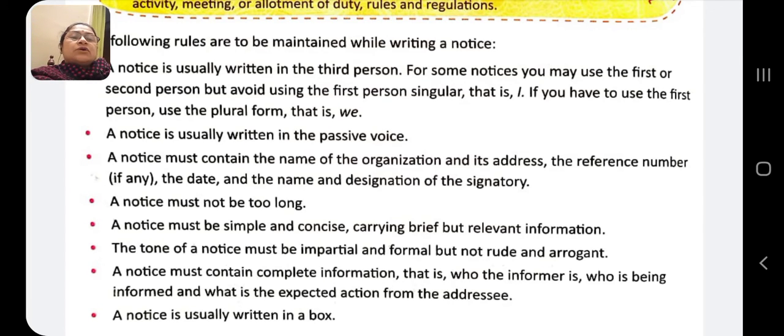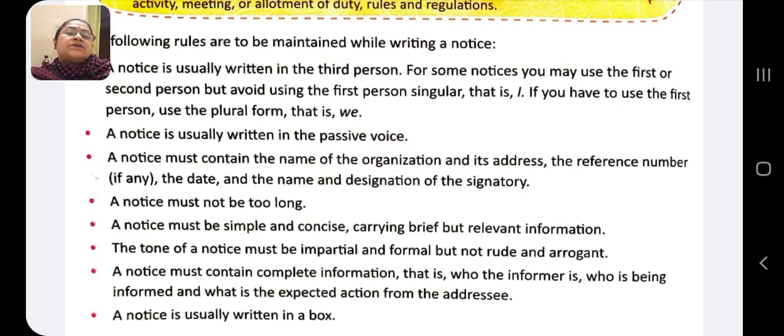A notice must contain complete information, that is who the informer is, who is being informed, and what is the expected action from the addressee. Suppose it's a sports occasion. Suppose a notice is given to the students to inform them that there will be a competition, and asking for their names. So, when the competition is, where, the timing, every detail should be there in the notice.